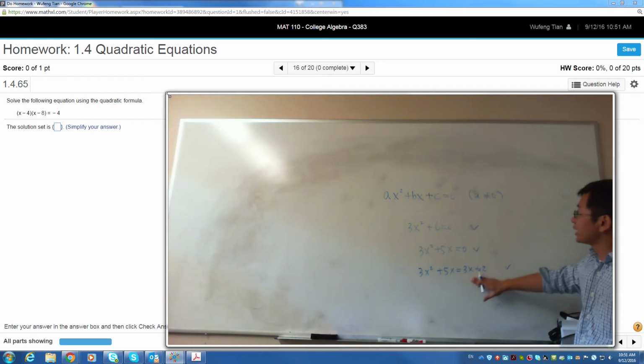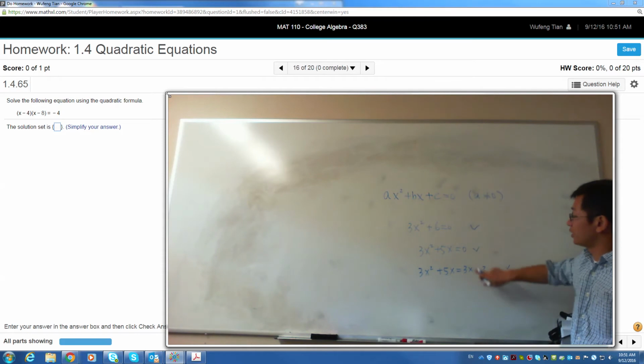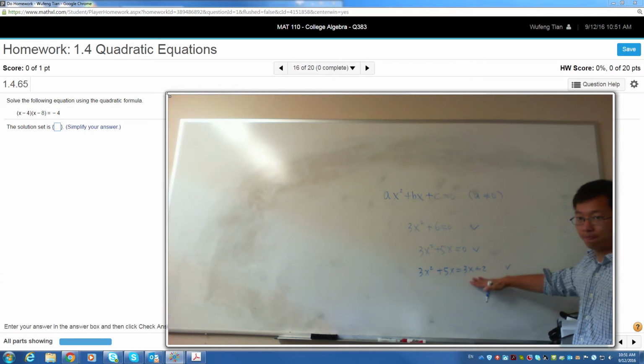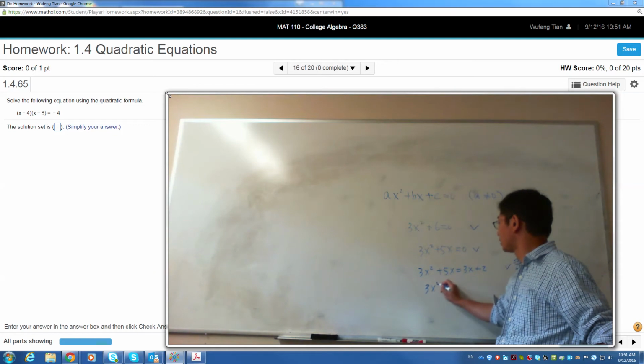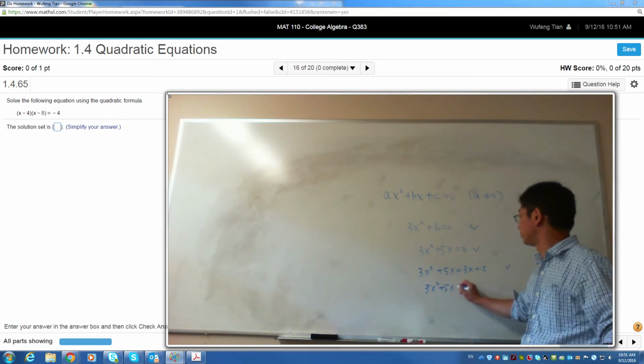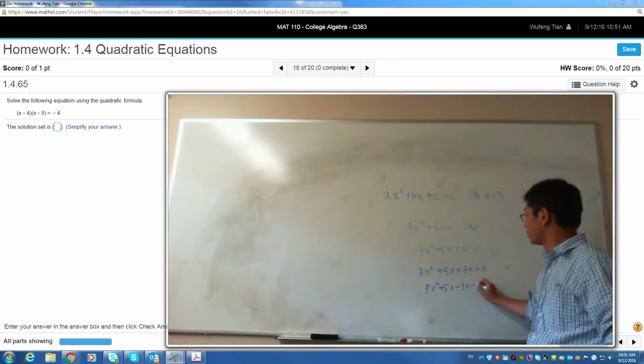And you can see the difference between this one and this one is that the right hand side is not 0. Before you solve the quadratic equation, you always want to make sure the right hand side is 0. So 3x squared plus 5x minus 3x minus 2 equals 0.